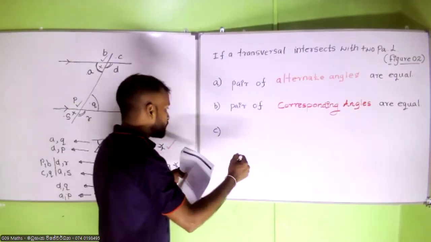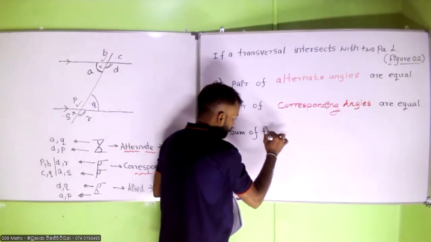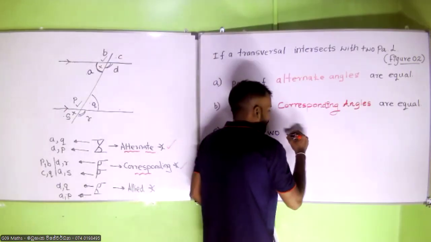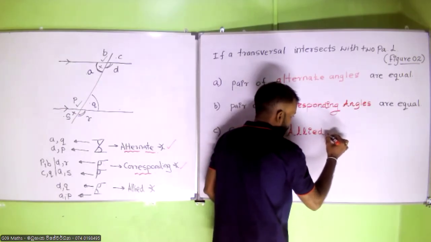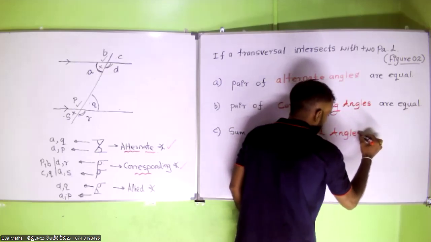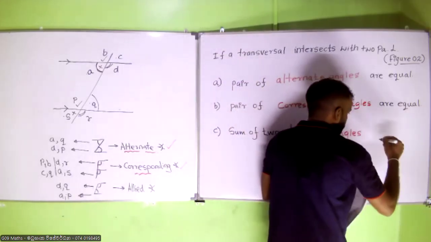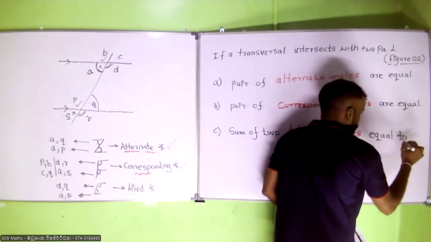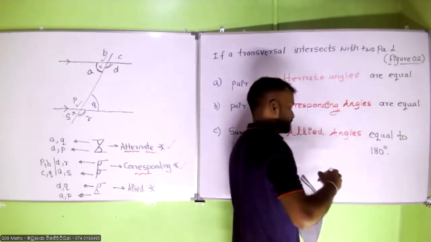So I have given: sum of two aligned angles equal to 180 degrees.